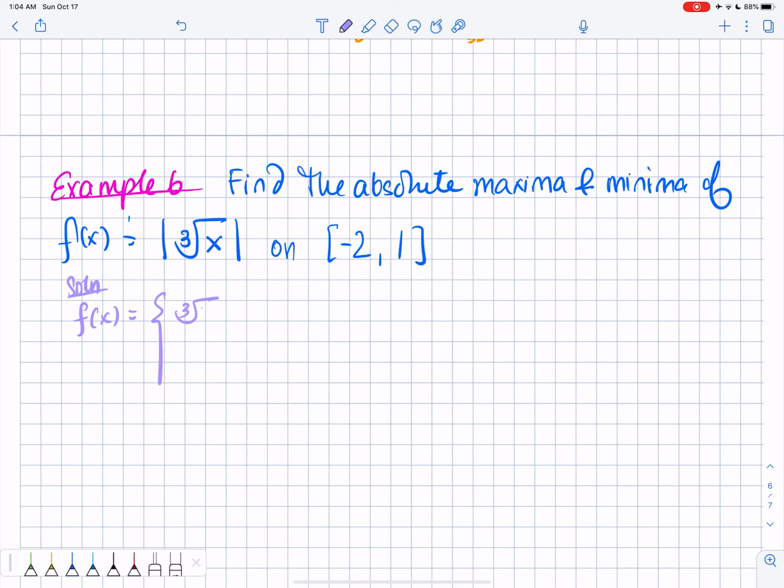It's the cube root of x if x is positive, and if x is negative you get a negative number, and the absolute value will have a minus. Okay, so let's look at what the derivative is. Well, the derivative of x raised to 1/3 will be 1/3 x raised to 2/3 in the denominator.